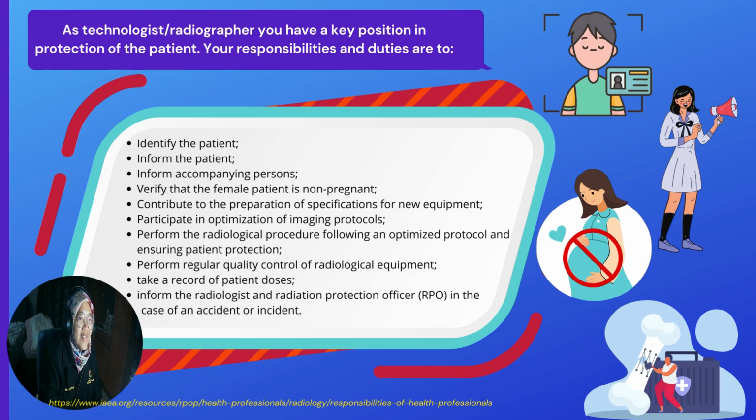Your responsibilities and duties are to identify the patient, inform the patient, inform accompanying persons, verify that the female patient is not pregnant, contribute to the preparation specifications for new equipment, participate in optimization of imaging protocols, perform the radiological procedure following an optimized protocol and ensuring patient protection, perform regular quality control of radiological equipment, take a record of patient doses, and inform the radiologists and radiation protection officers in the case of an accident or incident.